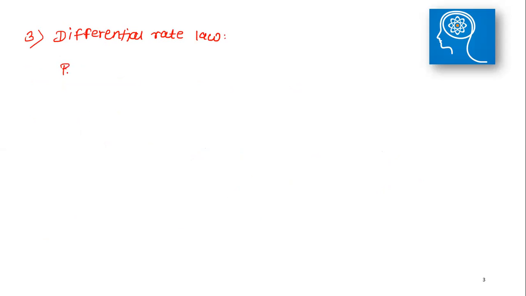First of all, rate of the reaction is equal to K concentration of reactants, if the reactants are A and B, and here there are specific powers, let's say x and y. x and y are experimentally determined components of the concentration on which the rate of the reaction is dependent.